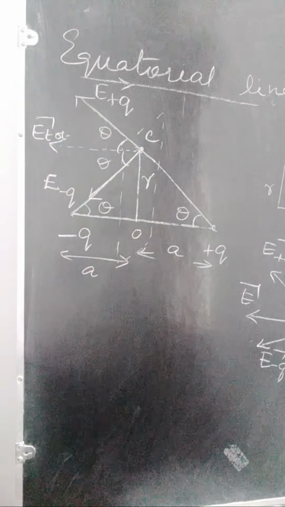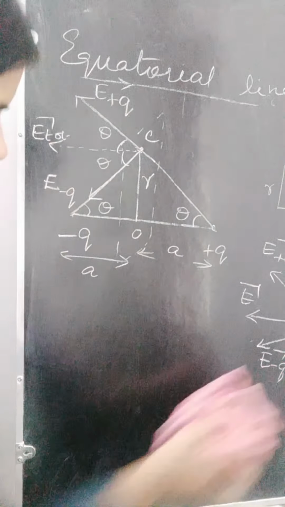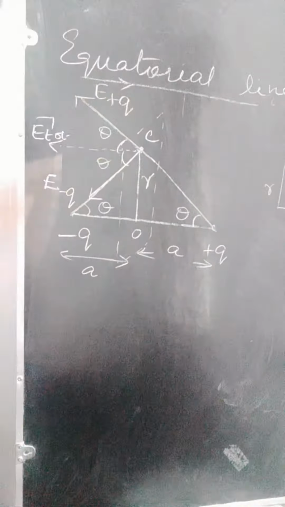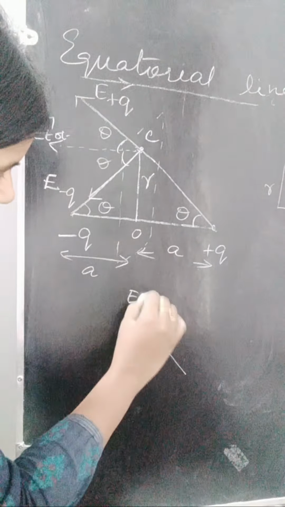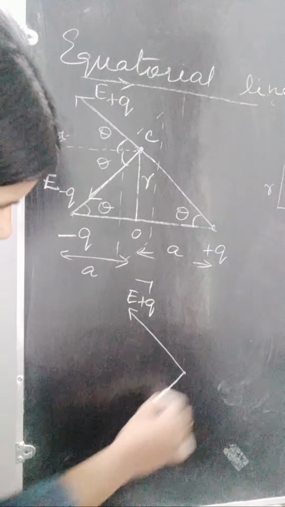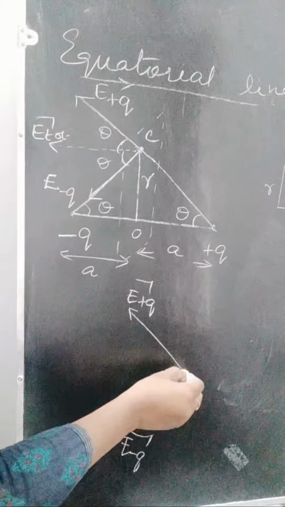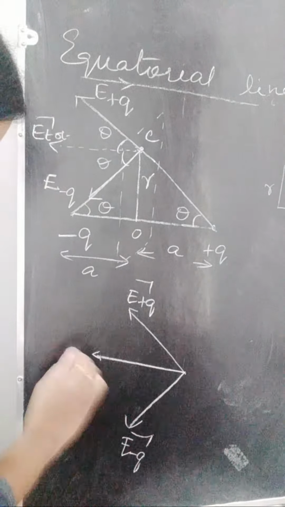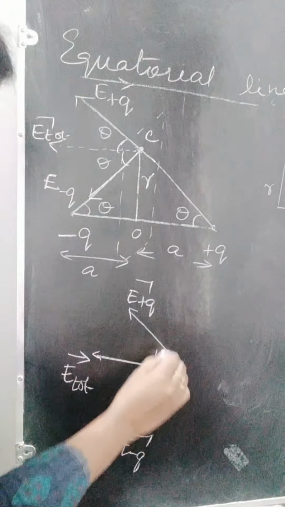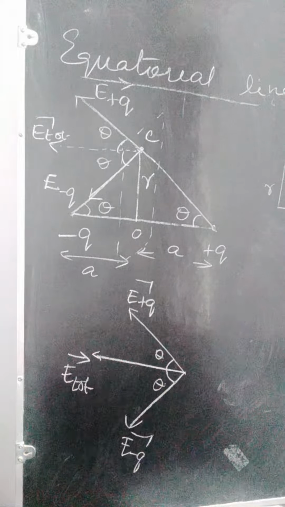See, I am drawing only these things separately. Just listen. I am taking this one separately and drawing it. What is this one? E plus Q vector. What is this one? E minus Q vector. What is in between? E resultant vector or E total vector. And here also it is making an angle theta, here also it is making an angle theta. Getting?